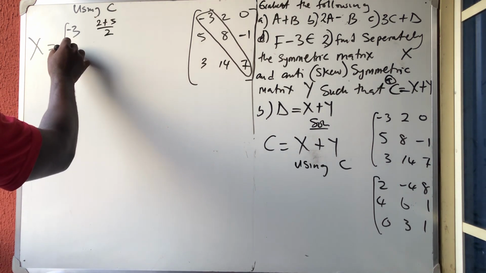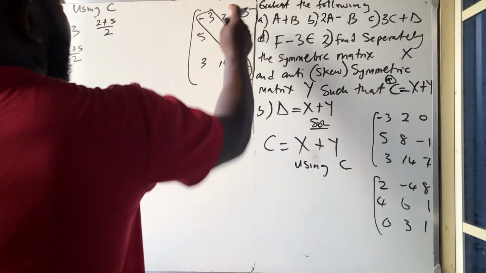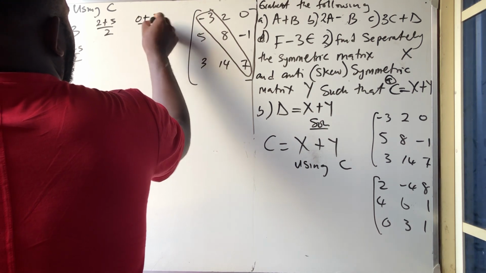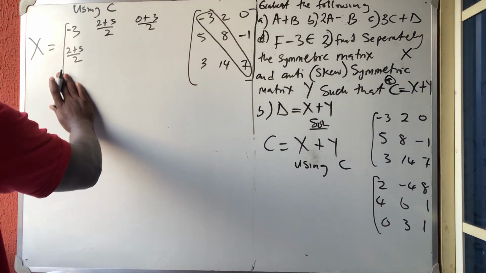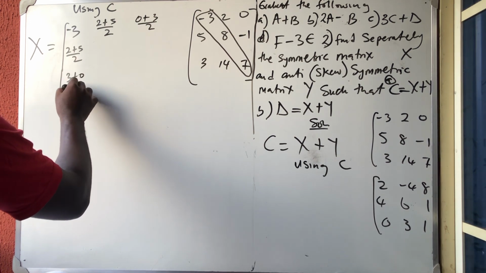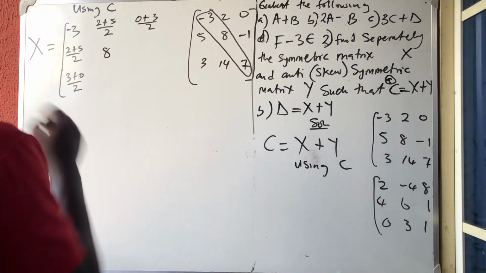The same thing here, 2 plus 5 divided by 2. For this side you do the same thing: 0 plus 3 divided by 2. The same is applicable here: 3 plus 0 divided by 2. Don't forget that the diagonal remains the same, 8.